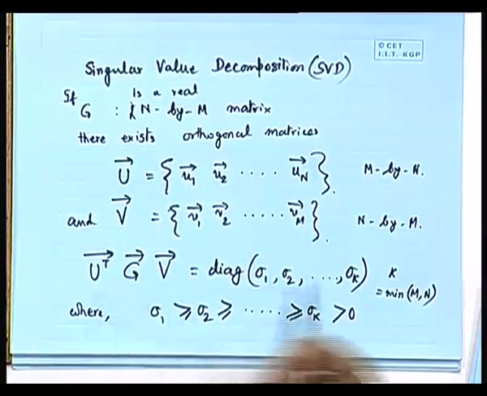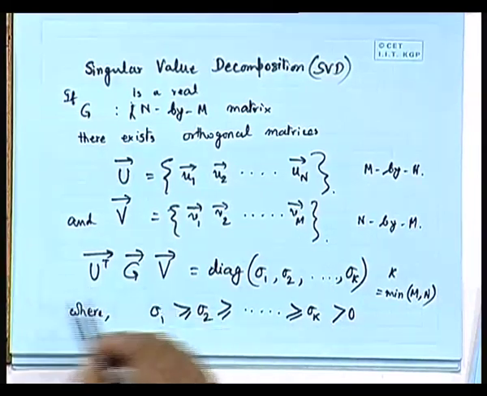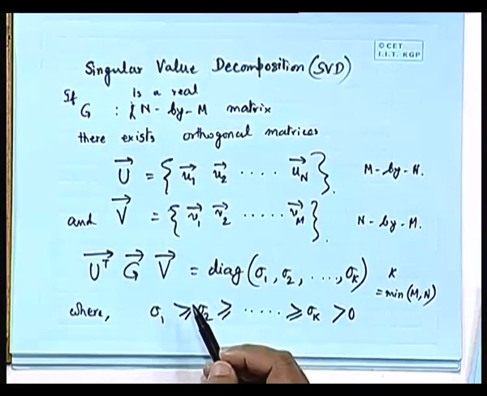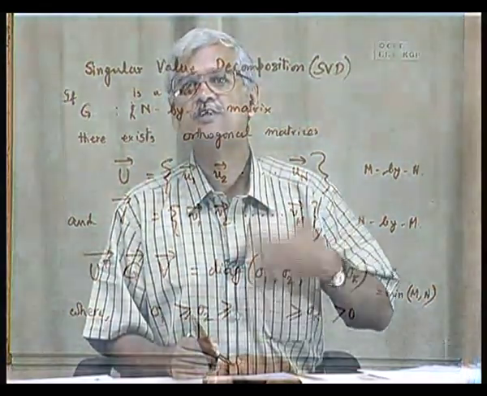Now, if G can be decomposed into singular values by finding these two matrices U and V, then it is possible to get back the G pseudo inverse, the G plus matrix.